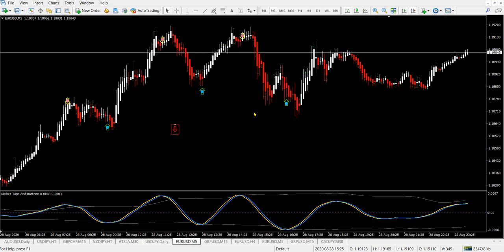Because this is only a part of the program, I have other indicators, and I have a few rules that you've got to follow to make sure that you don't fall for one that might just be firing off prematurely. What I mean by that is the arrows form when you get a cross of the yellow over the blue.